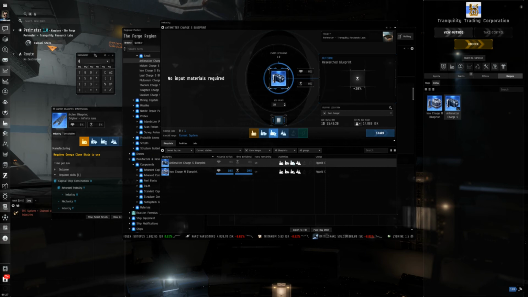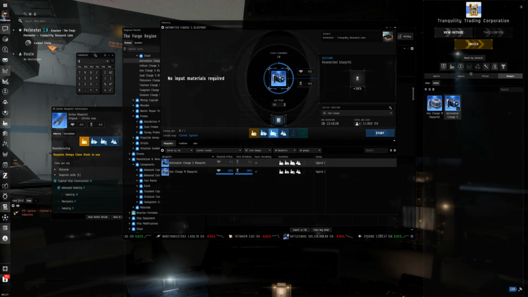But let's say we will be able to sell it for roughly 3 million ISK. Divide that by, did I say roughly 3 days? So that's 72 hours.